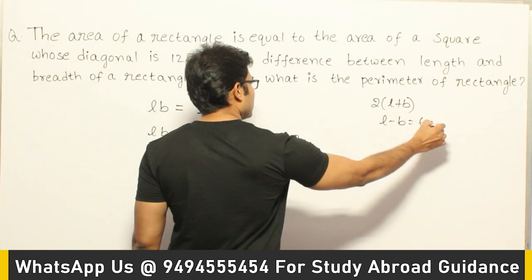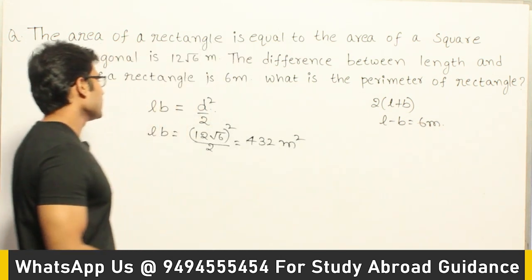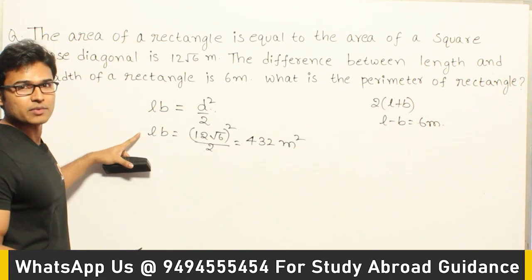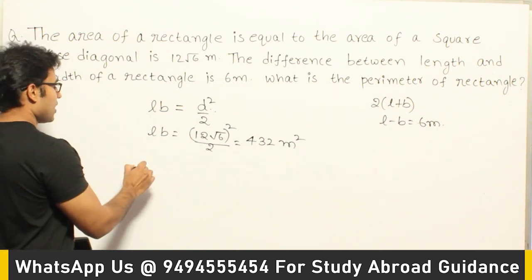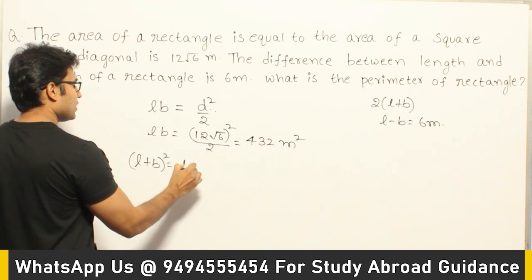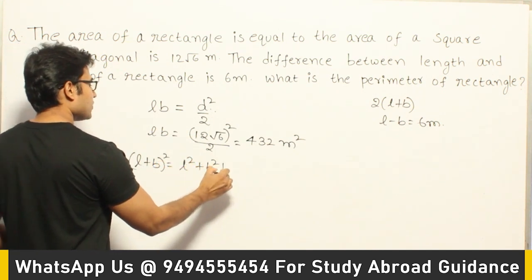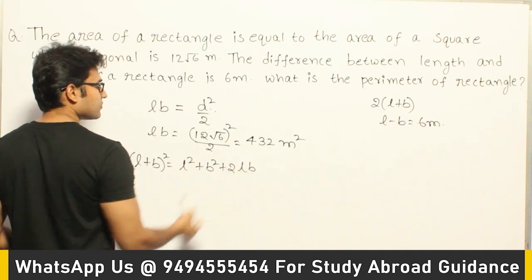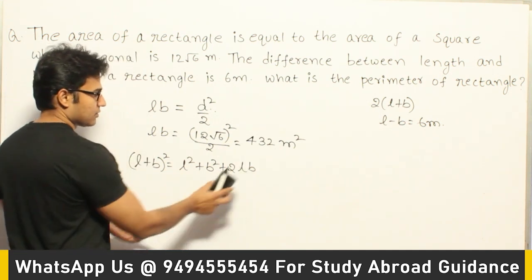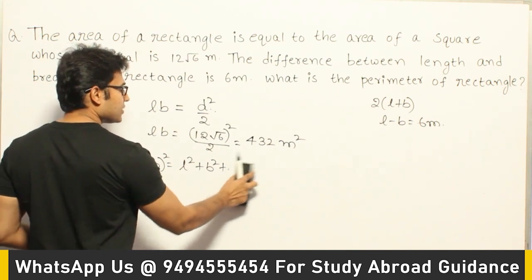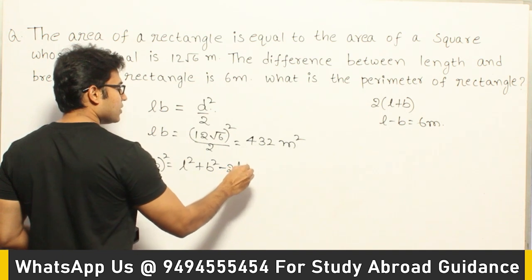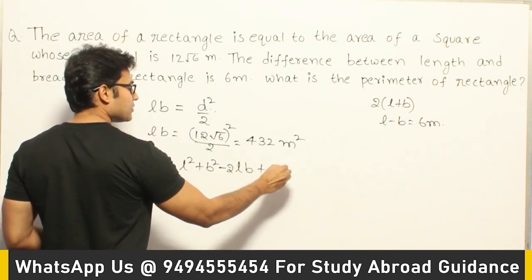Okay. In order to solve it, there are various ways of solving it. The better thing is to find out what L plus B is. See this? I can write (L plus B) whole square as L square plus B square plus 2LB. Now this 2LB can be written as minus 2LB plus 4LB.